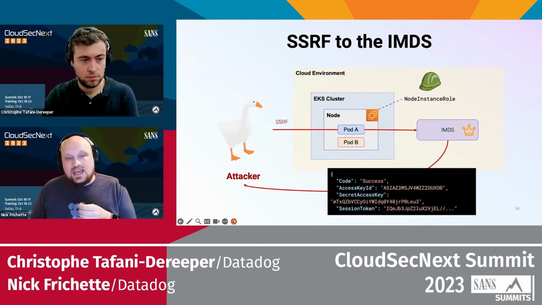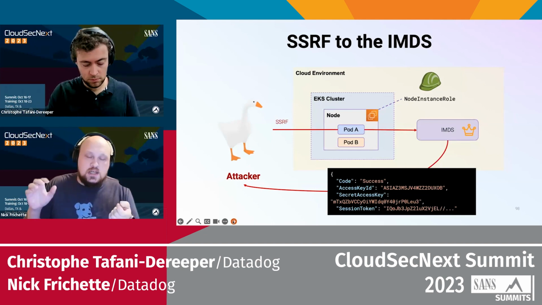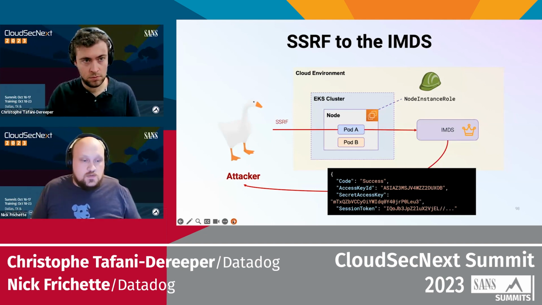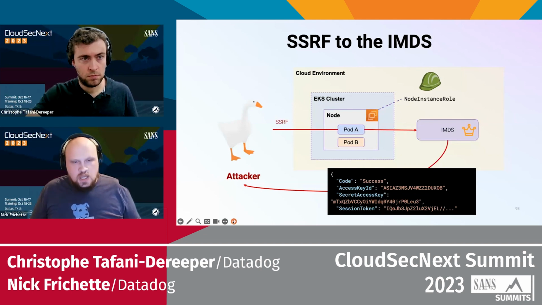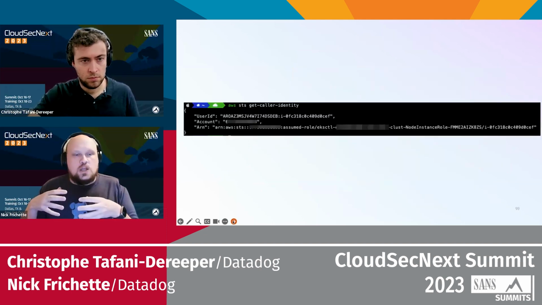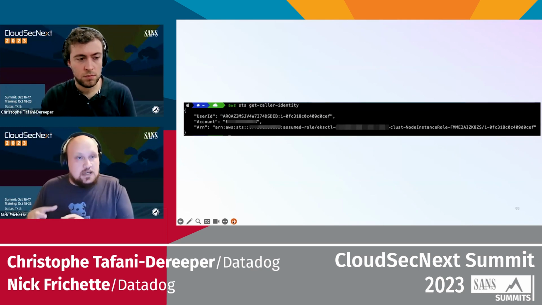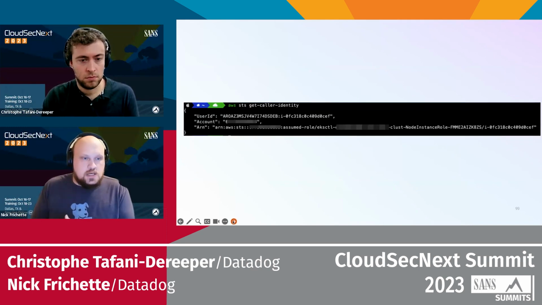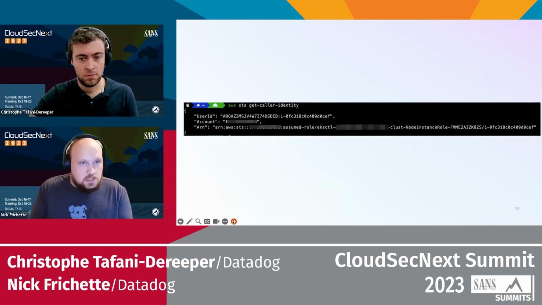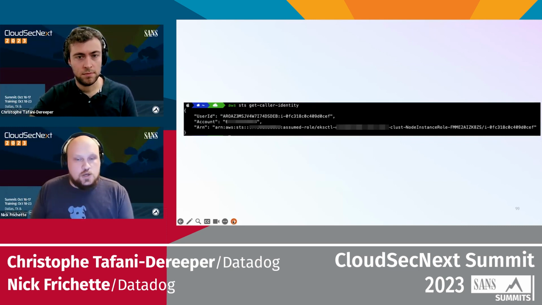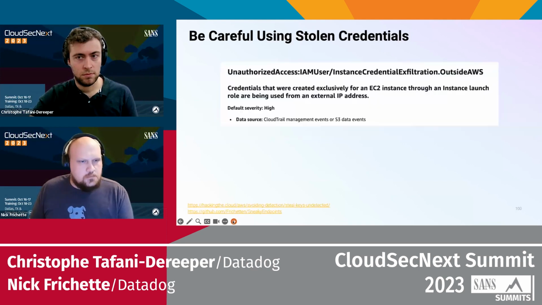So by abusing a pod, we can pivot off of it down to the instance metadata service of the underlying node. And once done, we can use those credentials to authenticate as the identity of that node. Here you see us performing the STS GetCallerIdentity API call, which is essentially the equivalent of "who am I" for the AWS API. And indeed, you could see we're operating as the node instance role.